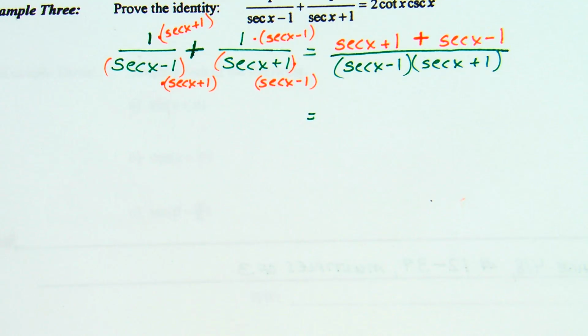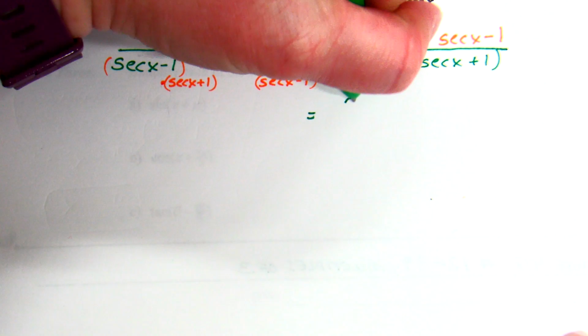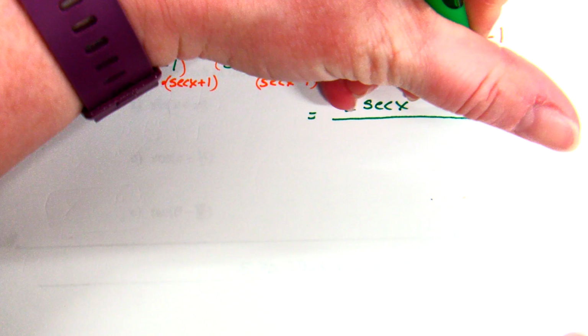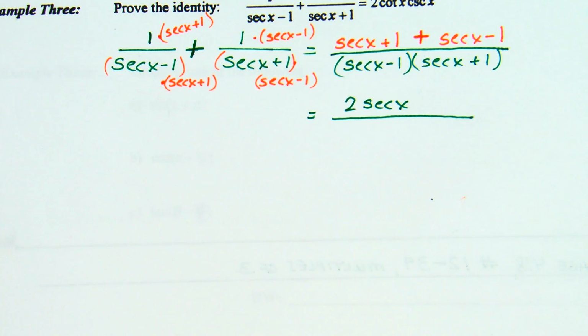Because these are the same things, just different middle signs, the middle terms will cancel, right? So if we FOIL, secant x times secant x is secant squared x. My outside would be a plus secant x. My inside would be a minus secant x, so those cancel. Minus 1 times plus 1, minus 1.